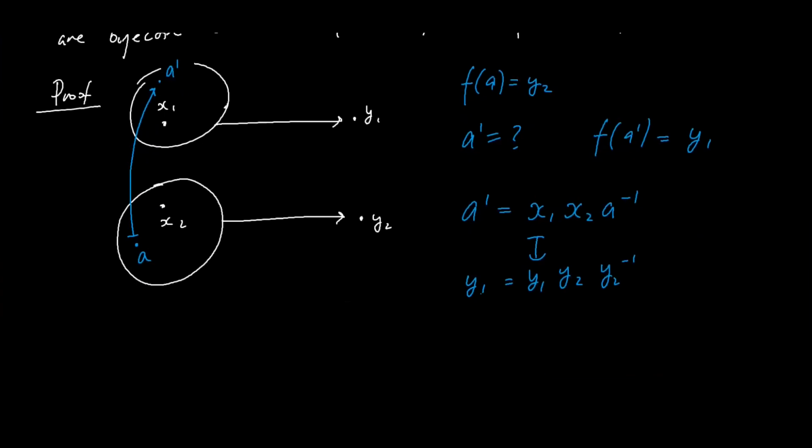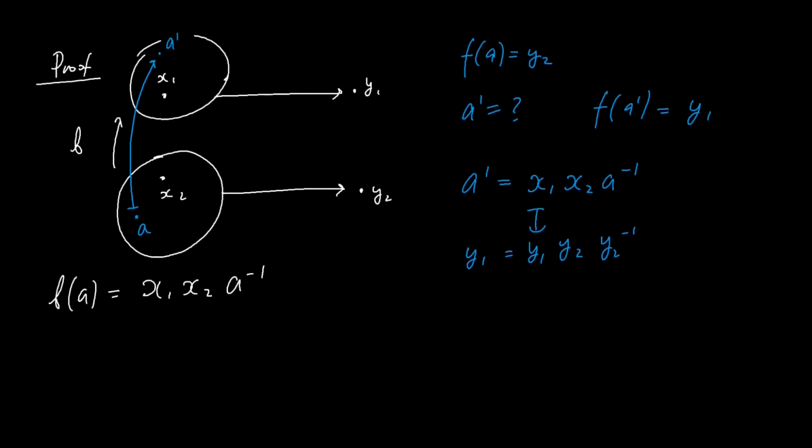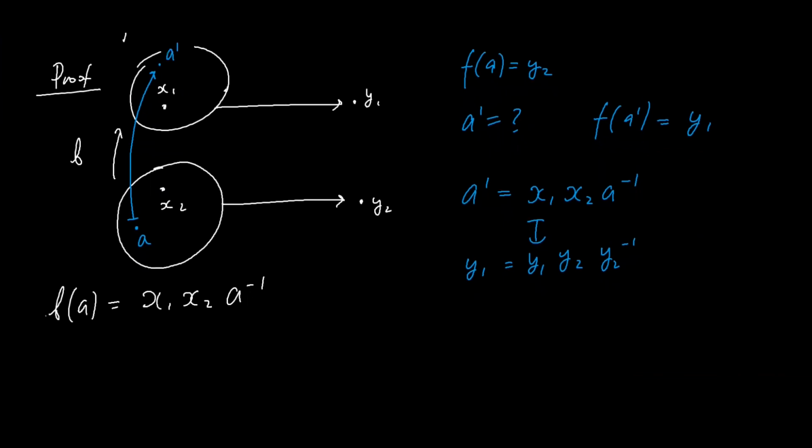Okay, let's give this a try. So our function, let's call this function B for bijection. Let's define B evaluated at A to be equal to X1 times X2 times A inverse. Now we need to define the inverse function because we want this to be a bijection, so there needs to be a way to go back, right? How can we recover A from this expression?